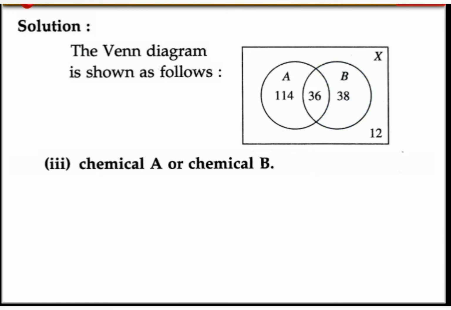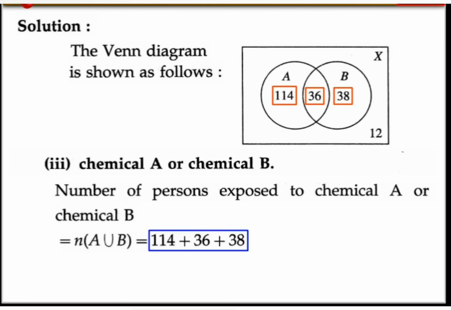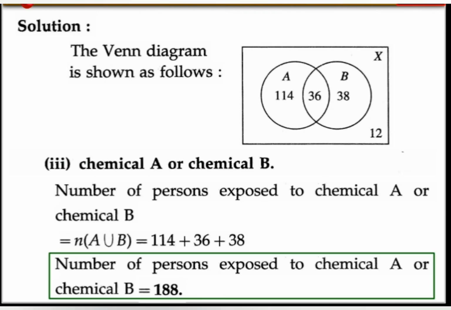Now number 3, chemical A or chemical B, which means the number of persons exposed to chemical A or chemical B, that will be equal to n(A ∪ B), that is 114 plus 36 plus 38, which is 188.